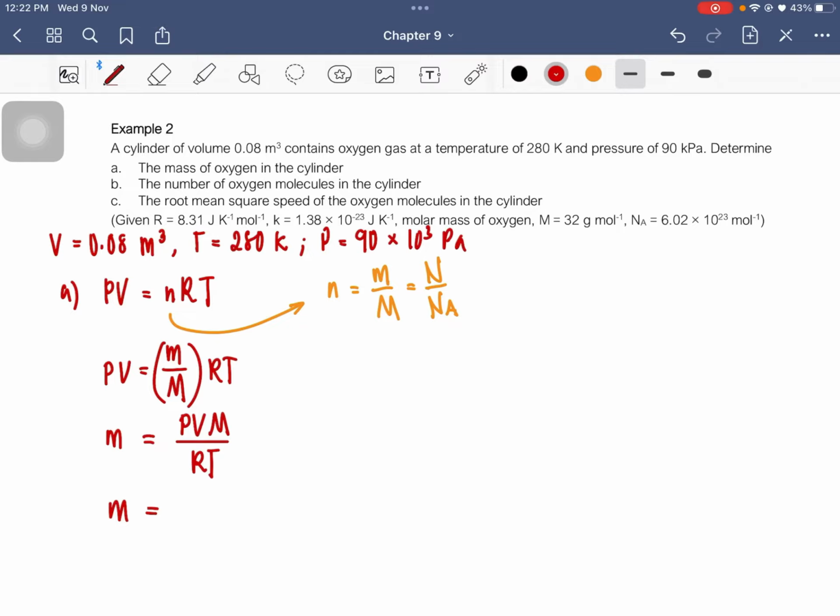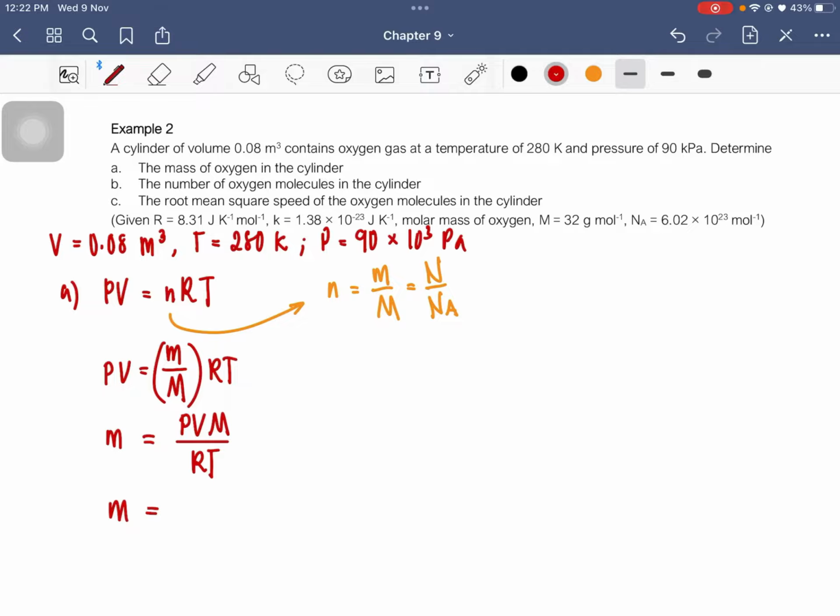Okay, so sepatutnya if I rearrange it correctly, you should get, let me just double check. Okay, I'm just gonna calculate it. Molar mass is 32, but it needs to be in kilograms, so that is 0.032. So 90 times 10 to the power of 3 times 0.08 times 0.032 over 8.31 times dengan the temperature, which is 280. So dapat 0.099 if I put engineering mode.